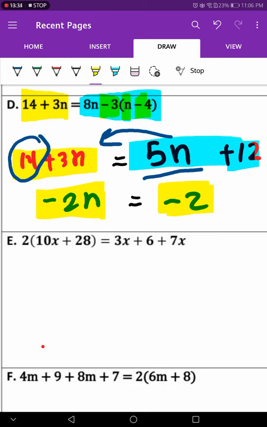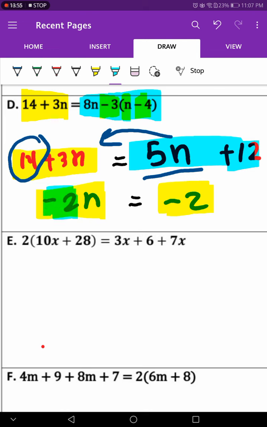Now, as you see here, the coefficient of n is negative 2n. The coefficient of n is the number that sticks with the letter. What is the number that sticks with the n? Negative 2 only.